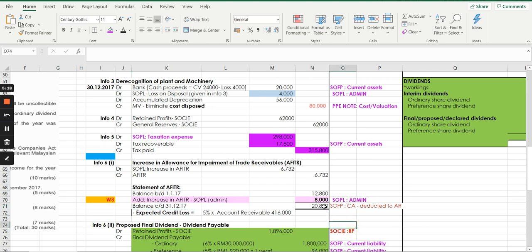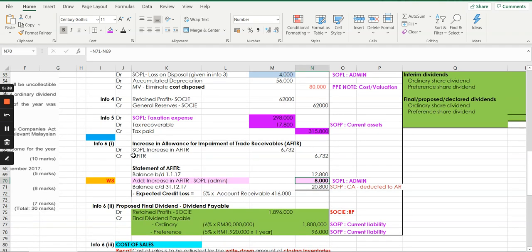For these two there are no journal entries, and no adjustment whatsoever. So for this allowance account during this year, the increase is an increase in allowance for impairment. That 8,000 is the one you will debit here.